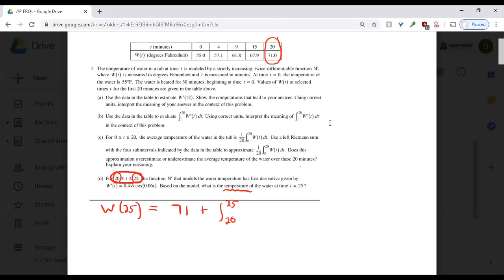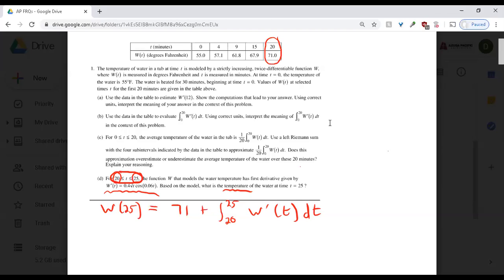And then we're going to undo our derivative formula right here. You don't have to write it out. You could just say W prime of T if it's defined as a function. And then even though a calculator shouldn't be required on the AP test, you would just plug this into your calculator, substituting W prime of T. You would, on your calculator, do 0.4 square root of x times cosine of 0.06x.